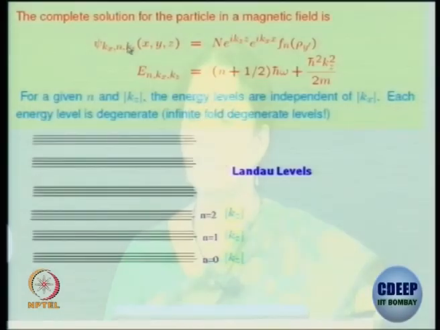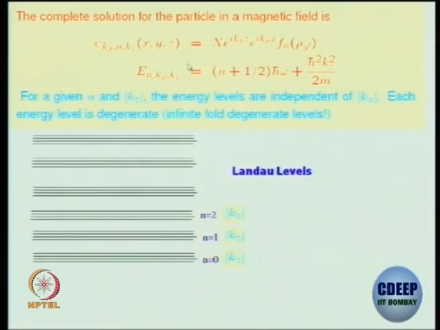Then I went to a little more complex problem where I added a particle in the magnetic field which should satisfy Lorentz force, which will give you a Hamiltonian, and with a suitable choice of the vector potential you can end up getting the wave functions to be highly degenerate for a specific n and specific kz. Kx can be anything.